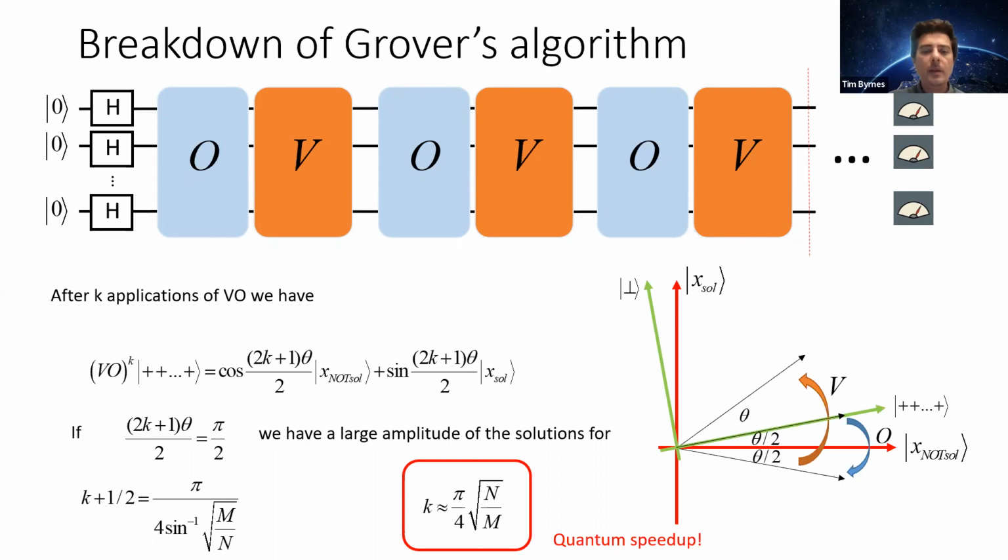That's the whole problem. If you don't know anything about solutions, you might not know the number of solutions. You probably know the database size, because that's related to the number of qubits, but the number of solutions might be unknown. So what do you do in that case?